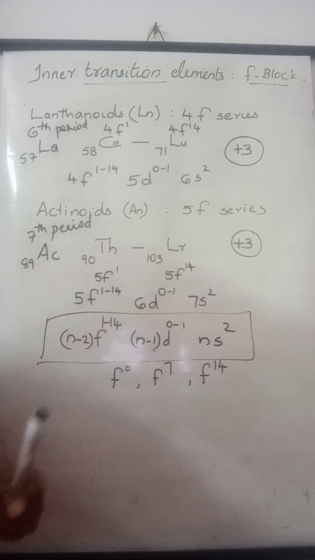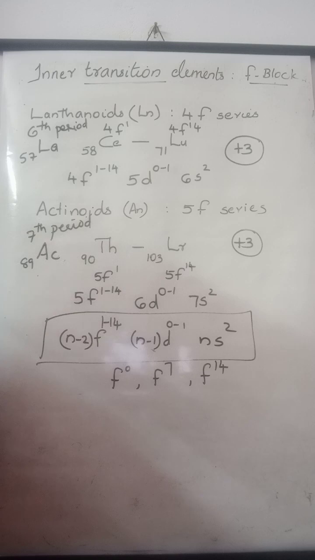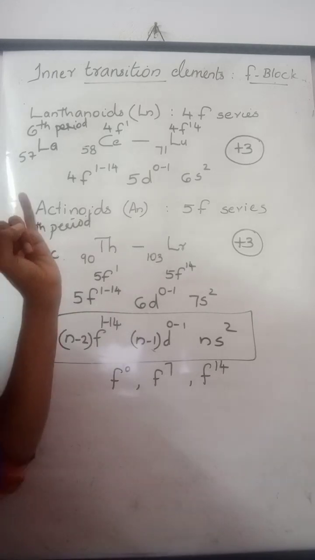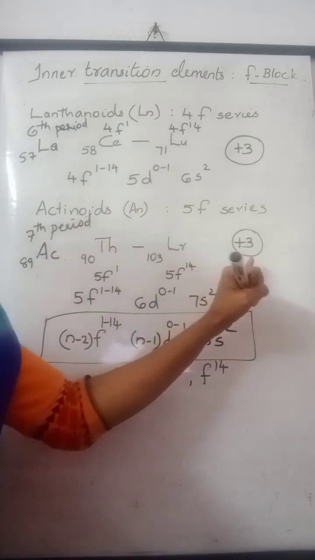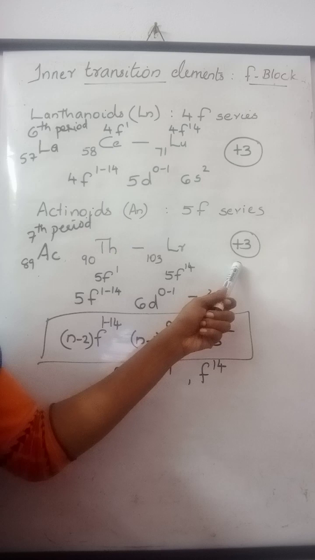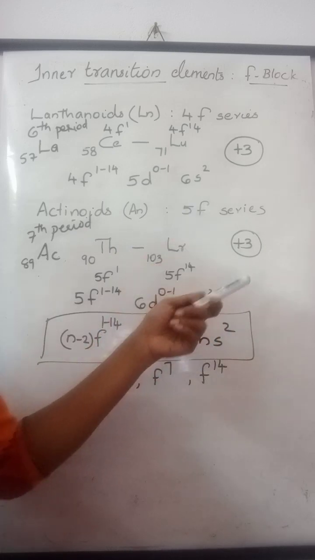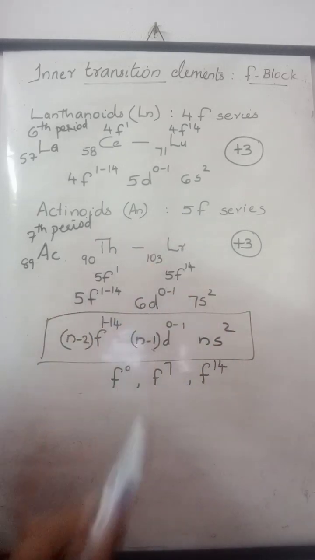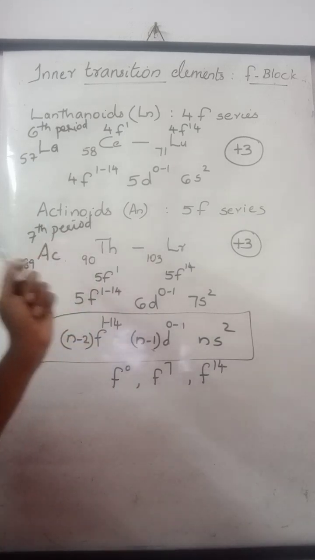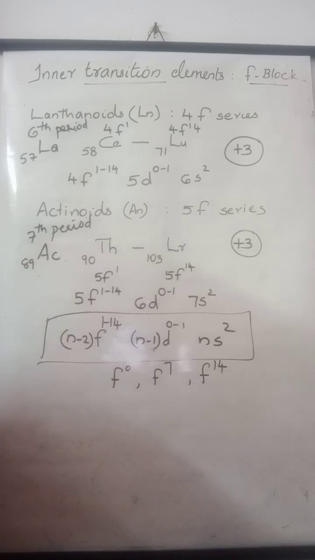So because of these two reasons, the chemistry of actinoids is very complicated. First, they show a wide range of oxidation states; the common oxidation state is +3, but in addition they show a number of variable oxidation states. And second, they are radioactive, so their chemistry has not been studied much.